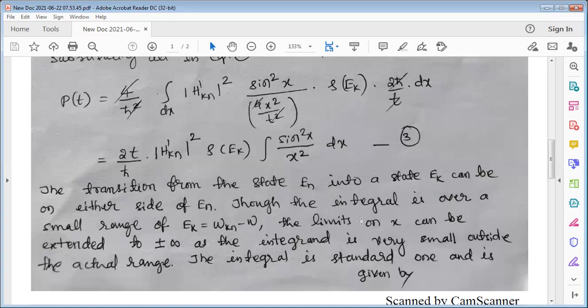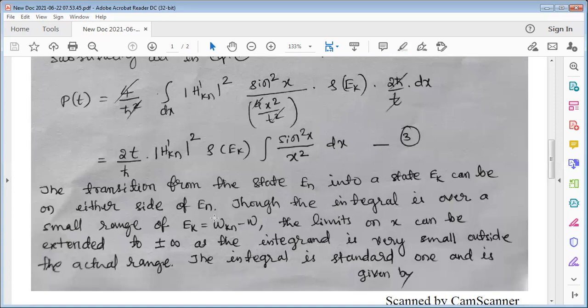Though the integral is over a small range of Ek, equal to ħ(ωkn − ω), the limits on x can be extended to plus or minus infinity. So we can extend these integral limits to plus or minus infinity to cover the wide range of energy values, as the integrand is very small outside the actual range.